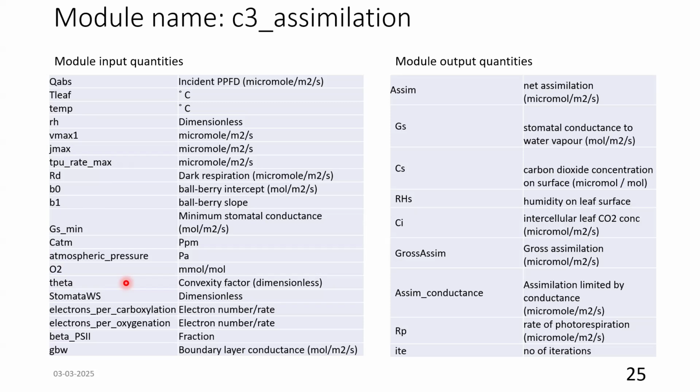GBW is the boundary layer conductance. So now when we have all of these values, this module can take the input of the ACI and AQ curves and also the stomatal conductance, and give us the stomatal conductance value, which will be used in the FVCB equations, which will again give us a more reliable value of the photosynthetic rate.